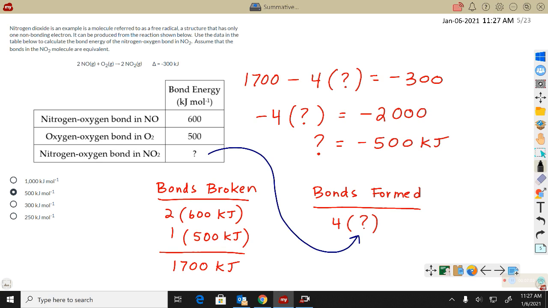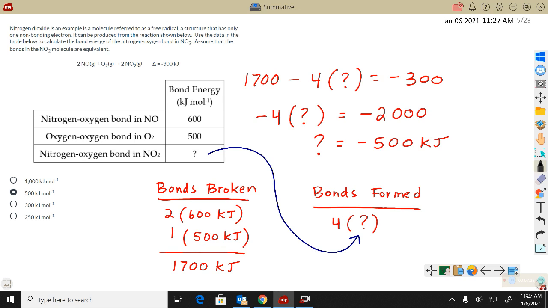We're just going to use it qualitatively, but I guarantee you're going to use it. This bonds broken minus bonds formed is, again, not an equation that's given in the packet. And I think it's because they don't want you to be on autopilot and just plug numbers in it. I think they want you to understand this process of making bonds and breaking bonds.